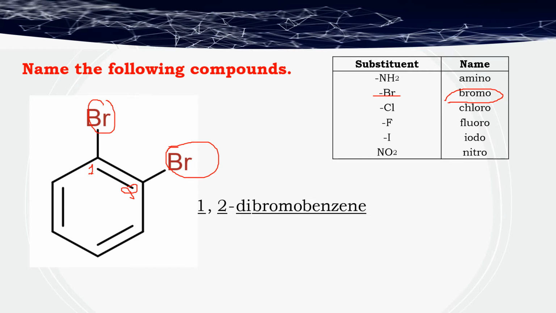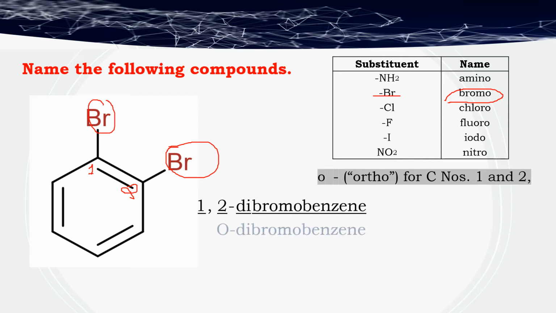So the name of this one is 1,2-dibromobenzene, or according to rule number 4, we can also use prefixes when there are 2 substituents attached to the ring. So O for ortho, since the substituents are connected to carbons number 1 and 2, we can also use O. So we will name it also as o-dibromobenzene.